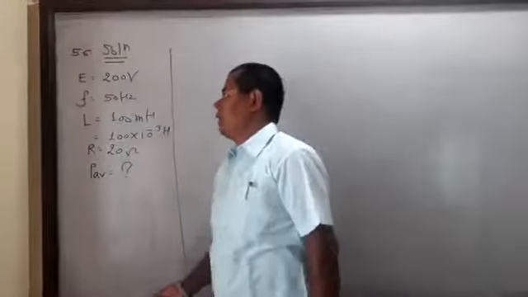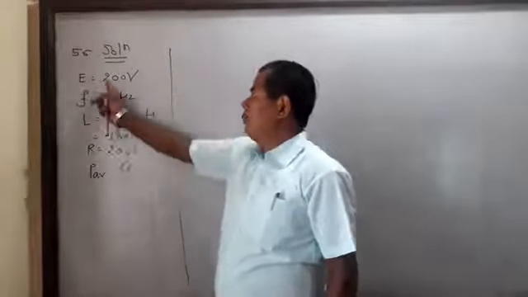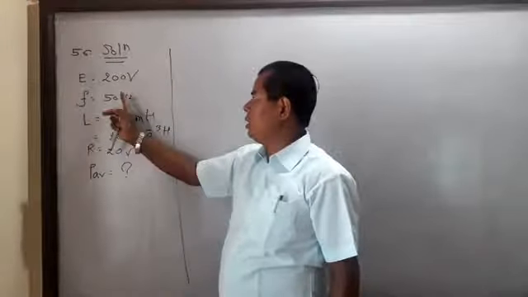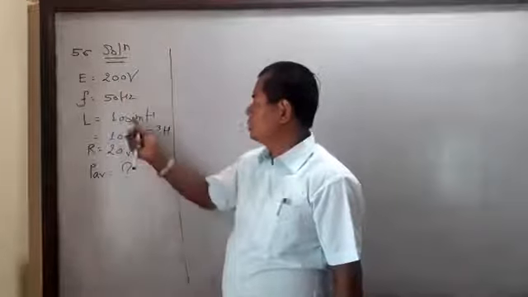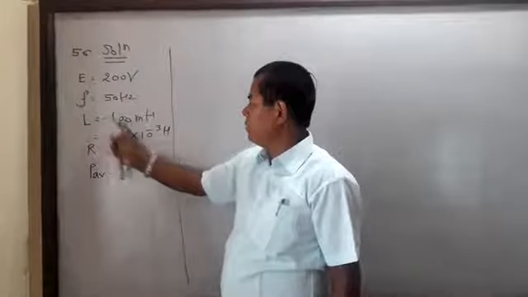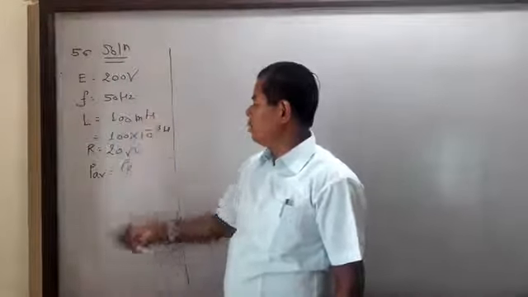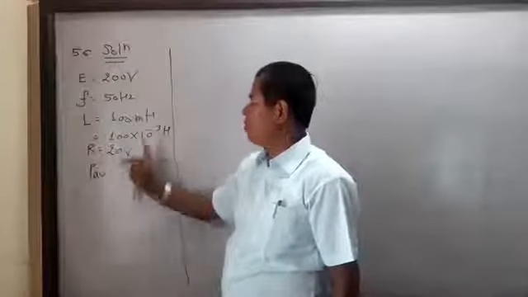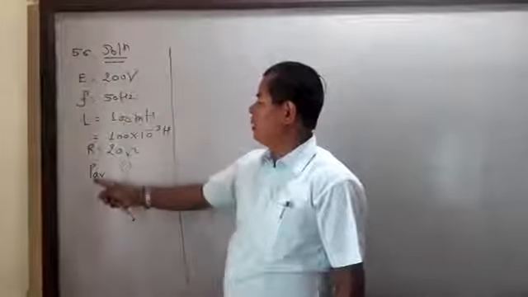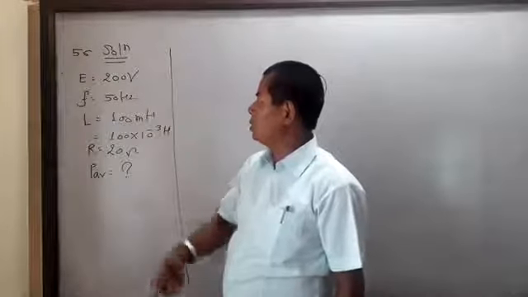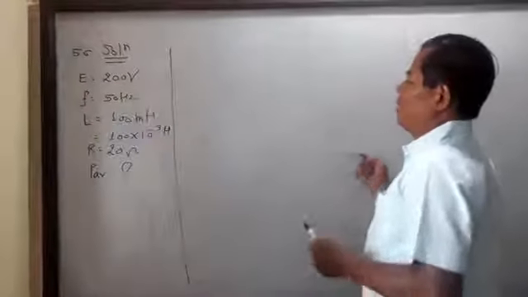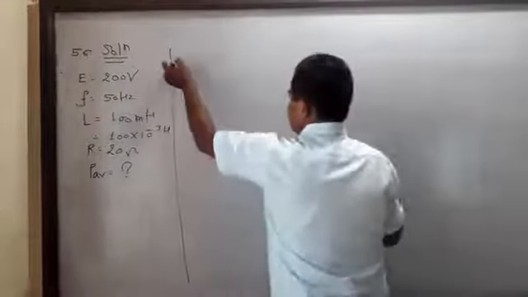An AC whose EMF is 200 volt, whose frequency is 50 hertz, is connected across an inductor of inductance 100 millihenry, which is this much Henry, and a resistor of resistance 20 ohm. Then we have to find the average power consumed. So we know that average power has a formula.